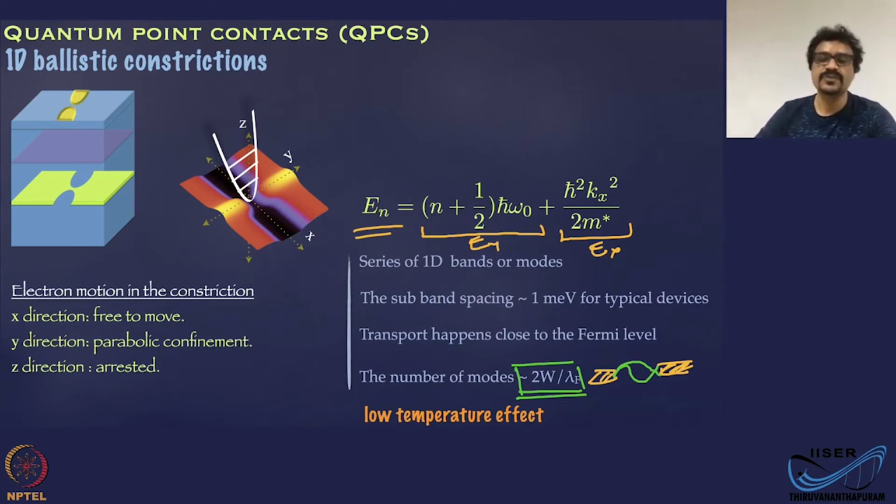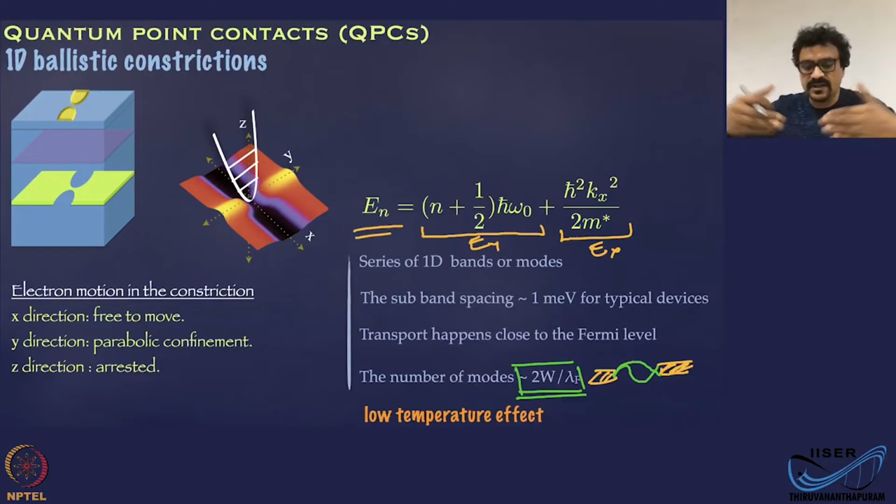Okay, to start with. But now you can change the width by varying the voltages on these gates. So when you make the voltage more negative, the electric field will creep more into the channel and eventually it will close the channel also.